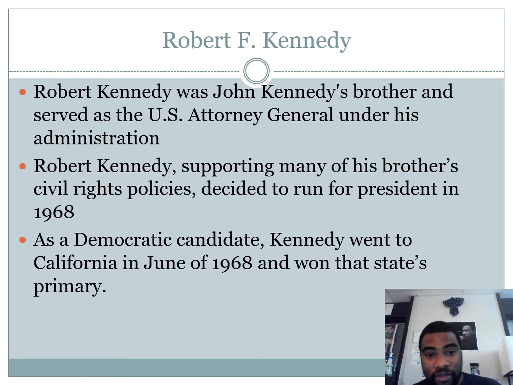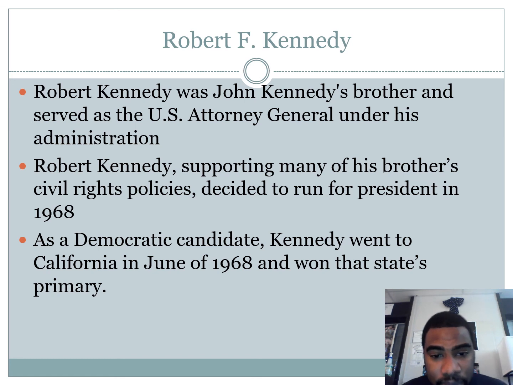Then we have Robert F. Kennedy. This was shortly after Dr. Martin Luther King's assassination in April. Robert Kennedy was probably killed around June or July. Robert Kennedy was also the brother of John Kennedy, who was the president, and he served as Attorney General under his brother's administration.